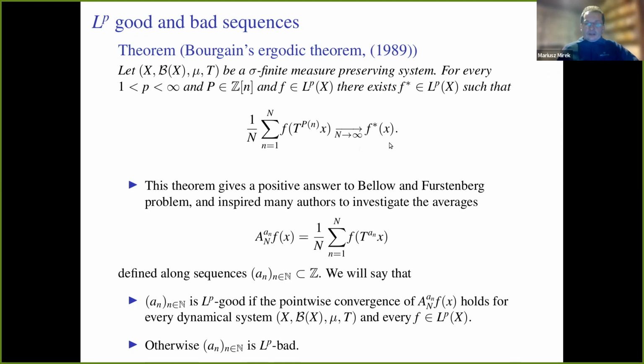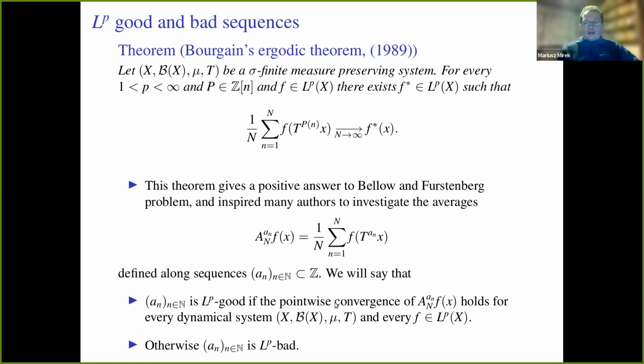So this theorem gives a positive answer to Bellow and Furstenberg, but it was also a trigger to understand the nature of sequences a_n for which we have pointwise almost everywhere convergence.